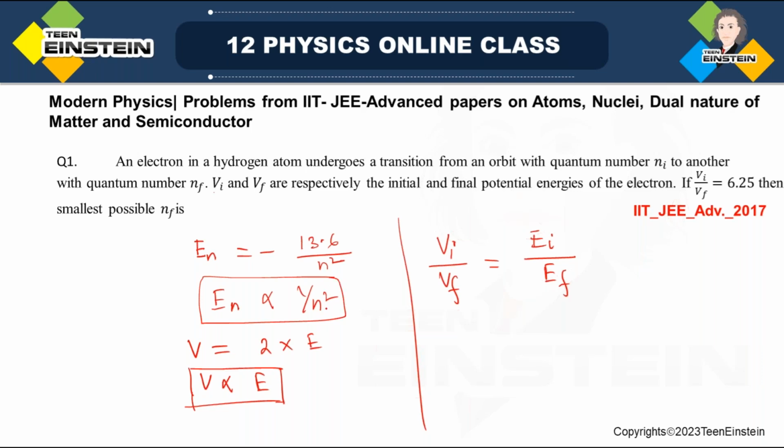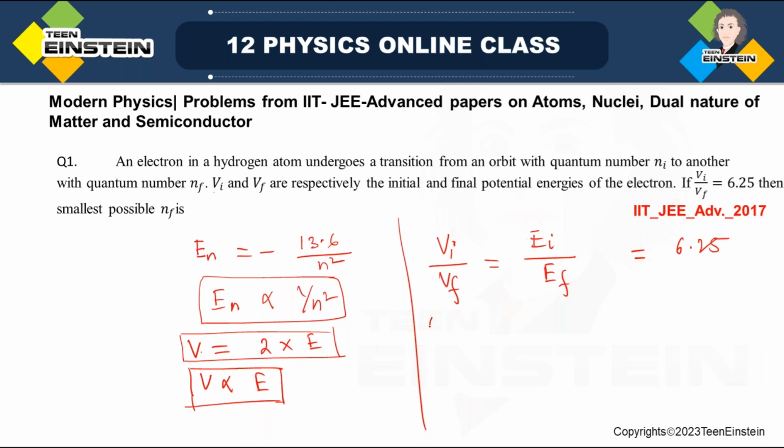This is the total energy of hydrogen atom, which is inversely proportional to the square of the principal quantum number. And potential energy has a relationship with the total energy in this way. So I can say potential energy is directly proportional to the total energy. So if we go in that way, I can write this relation. Again it is given, this is 6.25.